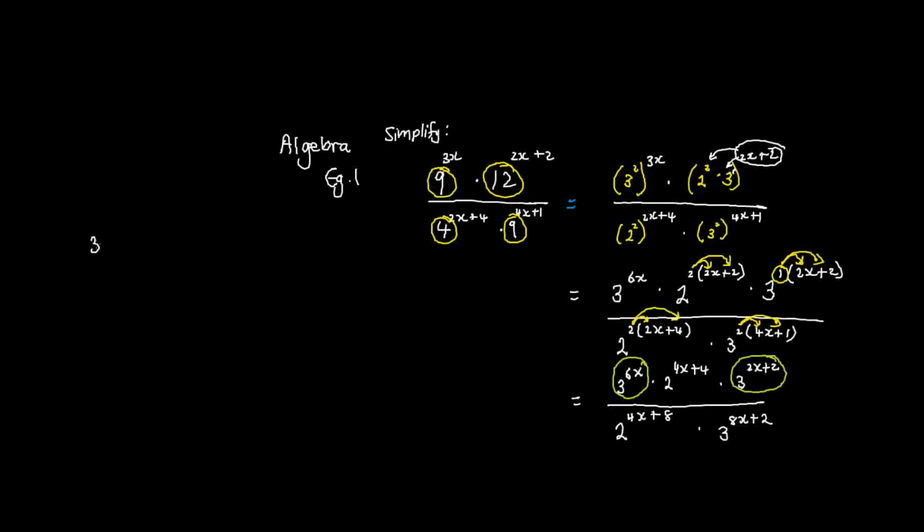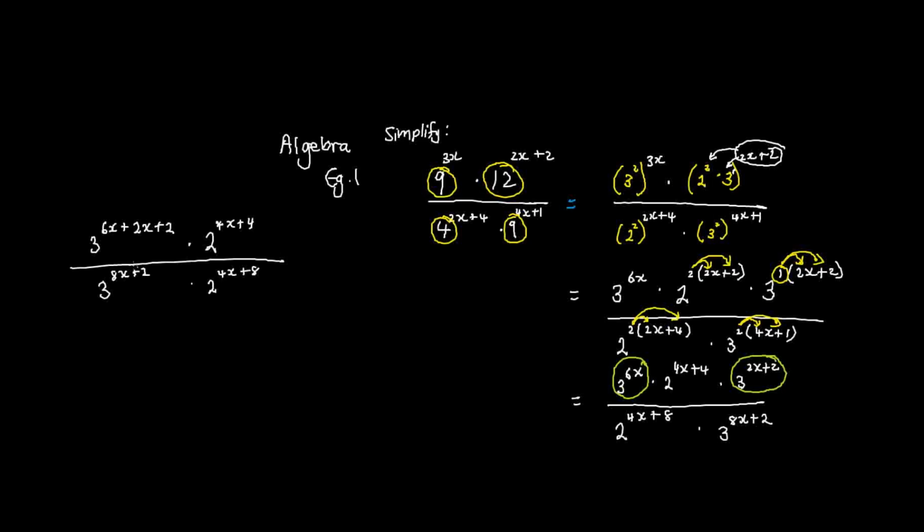So it's 3 raised to the power of 6x plus 2x plus 2 times 2 raised to the power of 4x plus 4 all over 3 raised to the power of 8x plus 2 times 2 raised to the power of 4x plus 8. Notice, by the way, why did I swap this around? It's because of the commutative property of multiplication that allows me to swap these numbers around, which is perfect.